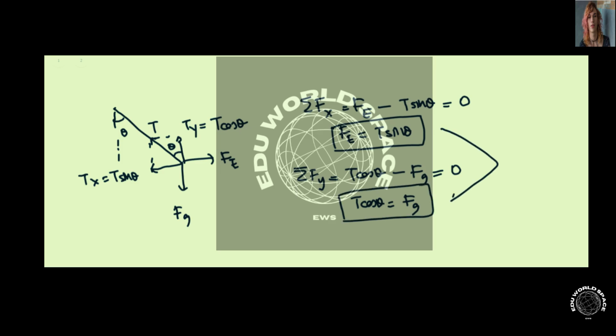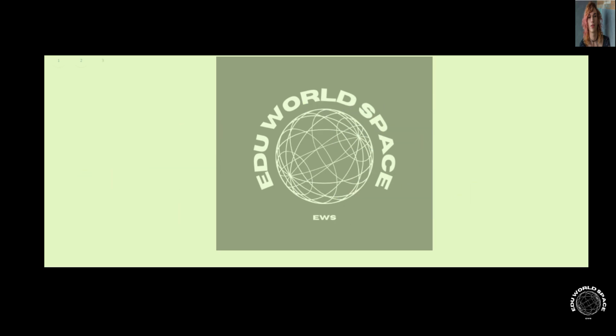Now we're going to combine these two solutions. T sine theta equals Fe. T cosine theta equals F sub g. The easiest way to do it is to take the ratio of these two equations. Left-hand sides and right-hand sides, the tensions are going to cancel out. Tangent theta is equal to Fe over F sub g.